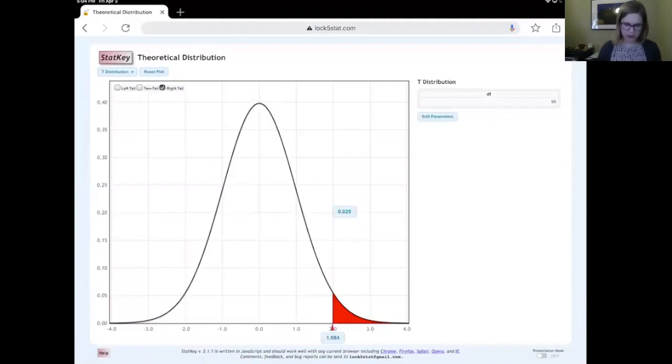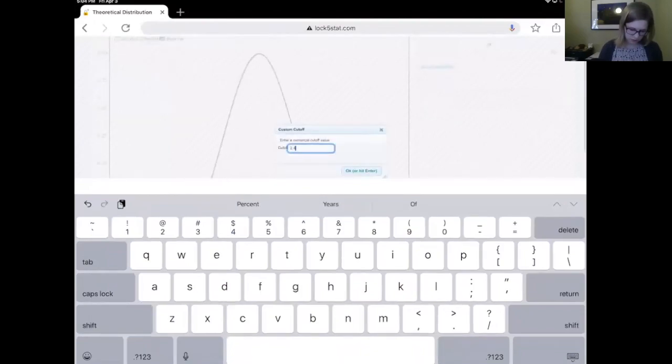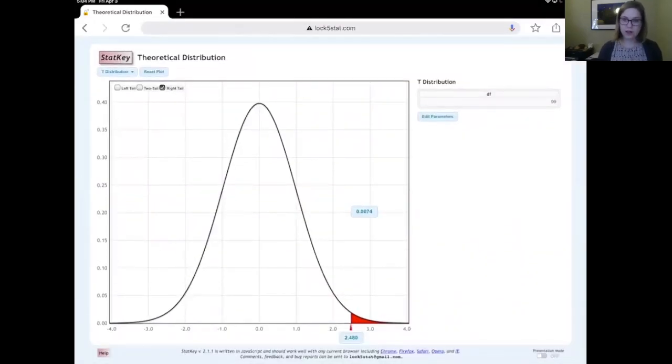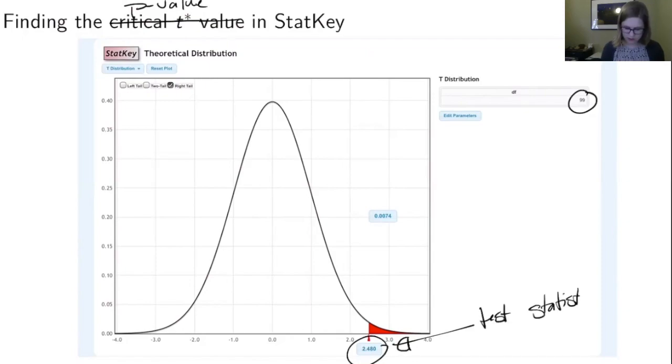Then I put in my test statistic, 2.48, and it gives me my p-value, 0.0074. So we've got our degrees of freedom, 99, we put in our test statistic, and then we found our p-value.